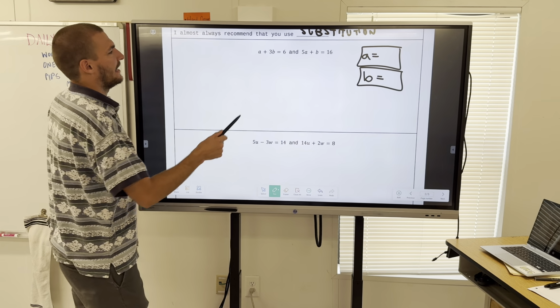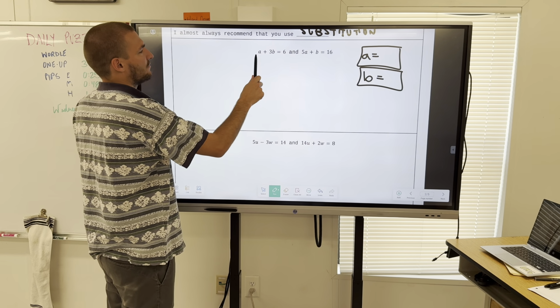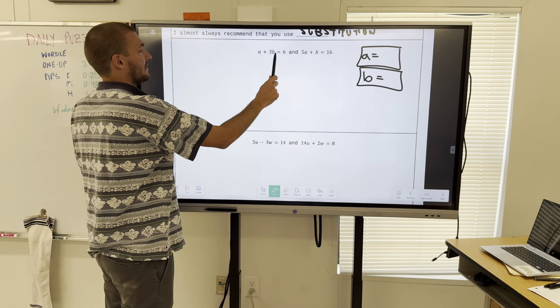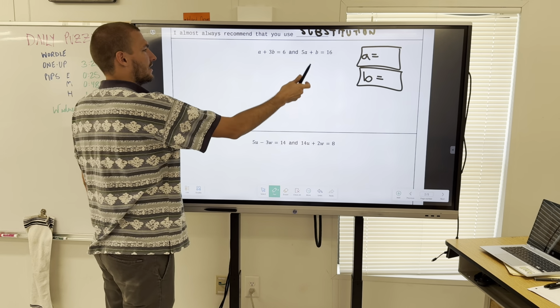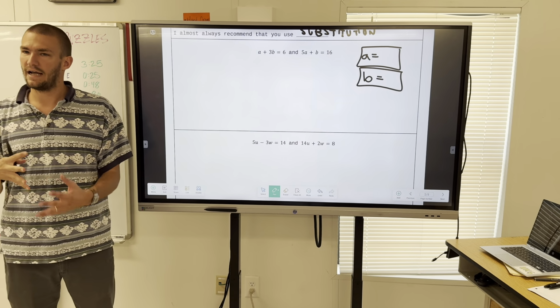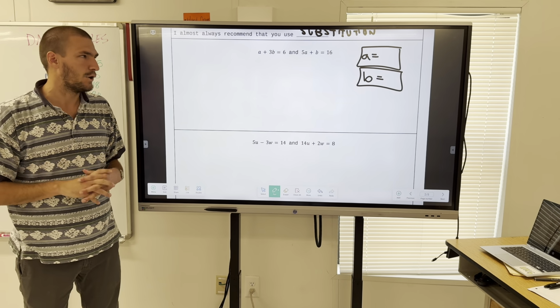For example, if I choose A to be 0 and B to be 2, 0 plus 6 equals 6, that's good. But over here, 0 plus 2 equals 16, does not work. So I need a pair that works for both.